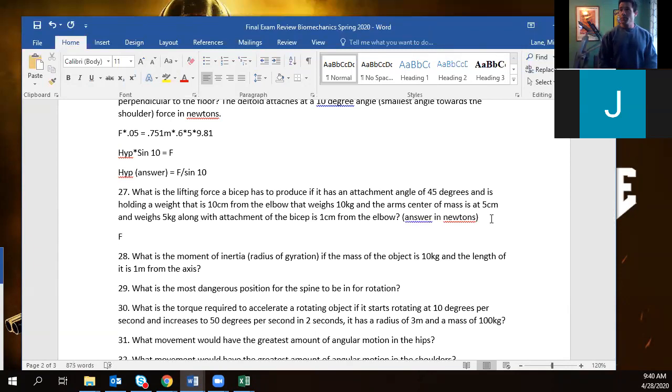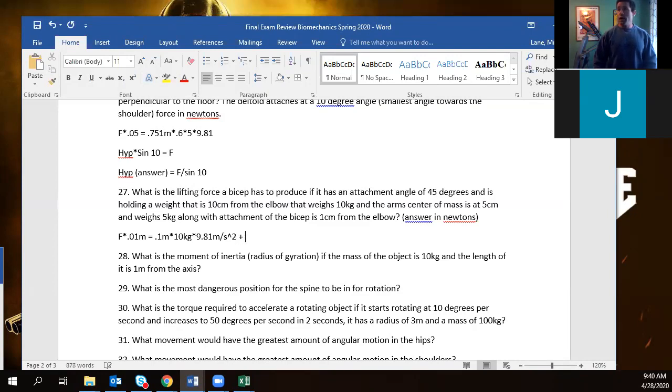So we're going to start off, we're going to say the force is going to be now multiplied by... okay, so the biceps attachment is just 1 centimeter. So convert that into meters, just to make life easy, equals R, and we're going to have to come back to that F. So we've got 0.1 meters, so 10 centimeters for the weight, and that's going to be equal to 10 kilograms, which we're then going to multiply by that 9.81 meters per second squared.